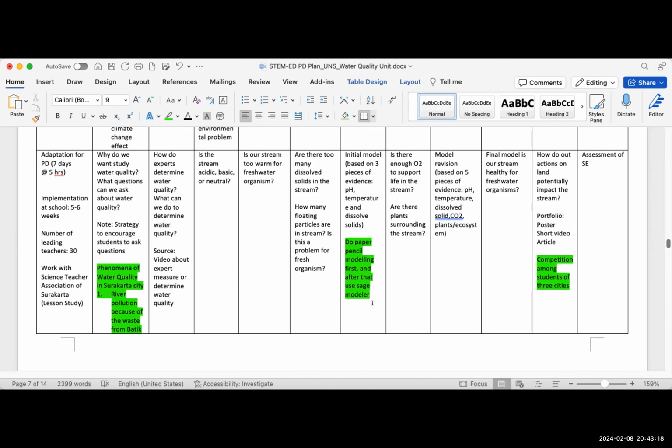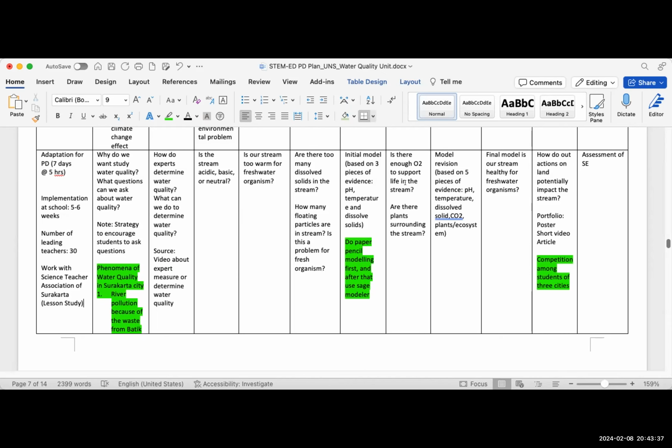Because introducing Sage Modeler needs time, it's better to show the idea first using, for example, sticky notes or other things, and later they go to Sage Modeler.